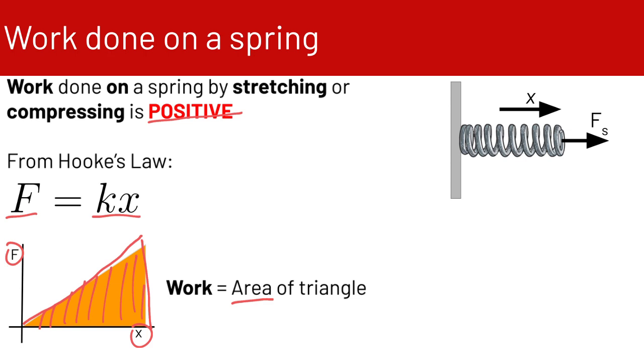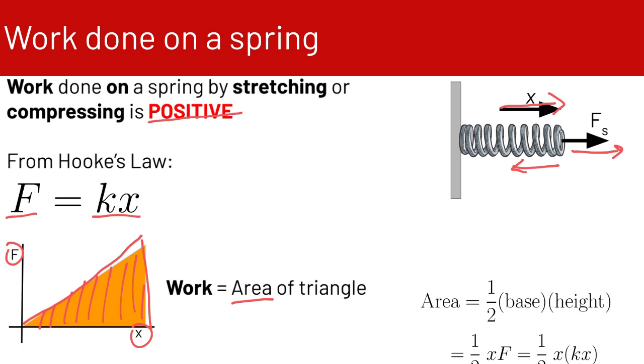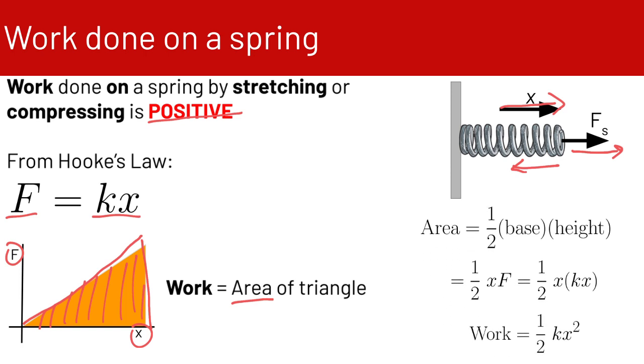Again, if we look at our diagram, we've got the force acting on the spring, pulling it, stretching the spring, or compressing the spring if we were pushing on it in that direction. Let's look at our equation for area. The area of a triangle is 1/2 base times height.